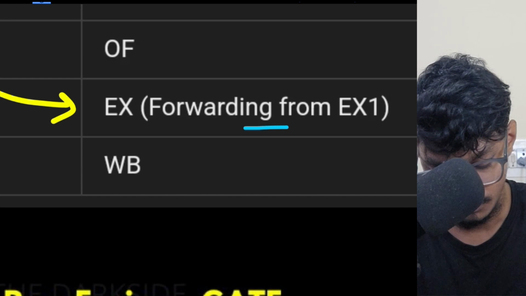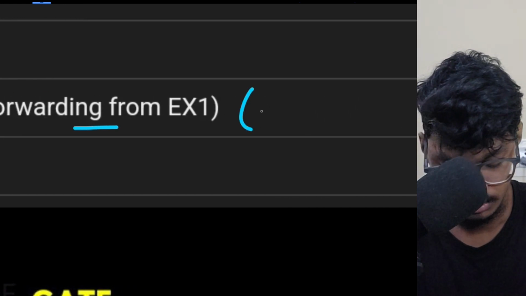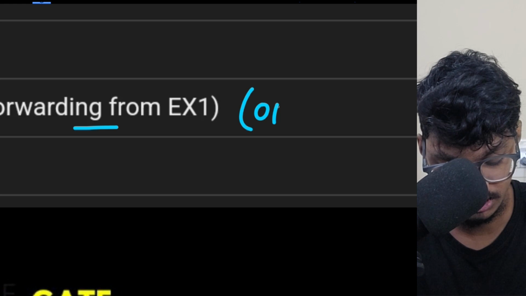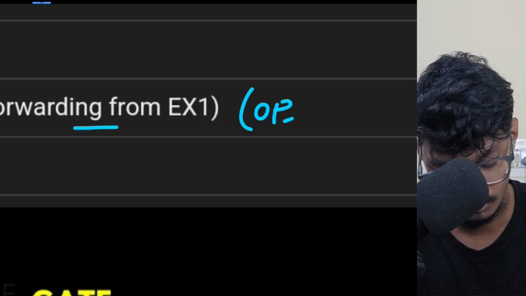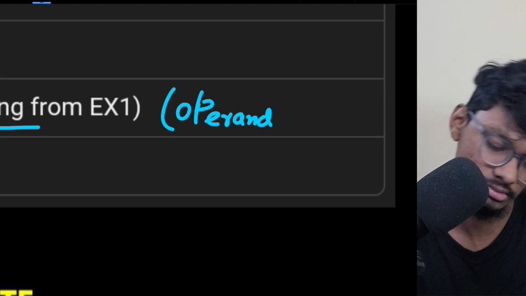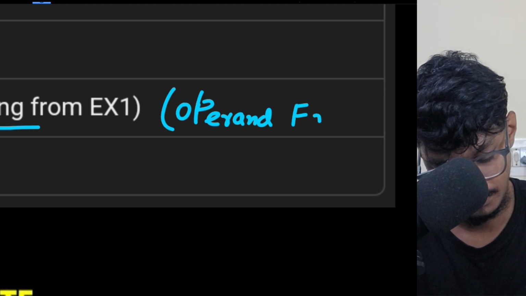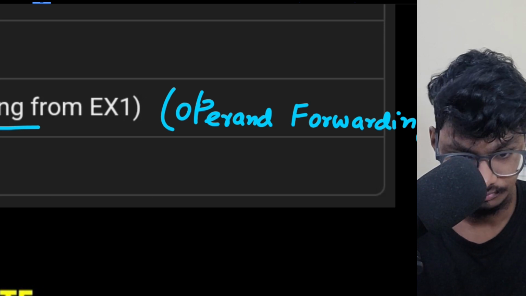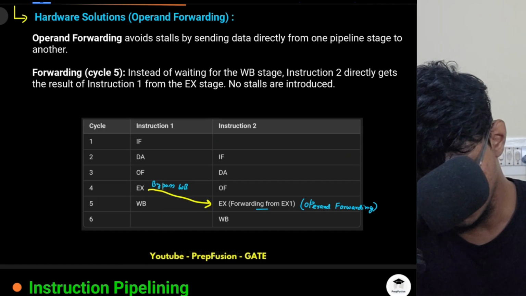So that is what operand forwarding is. We take the value from the previous execution stage. Forwarding from previous execution. This is also known as the buffer register.